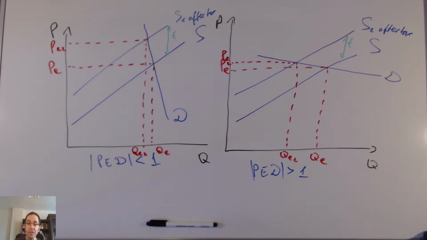Now, the reason why this happens is because when we have elastic price elasticity of demand, usually consumers are able to switch to other products. So when we tax this good, most of the consumers will cease consuming this product, and they will just move to some of the available substitutes on the market. This explains the sharp decline in quantity demanded and the relatively small increase in the price.